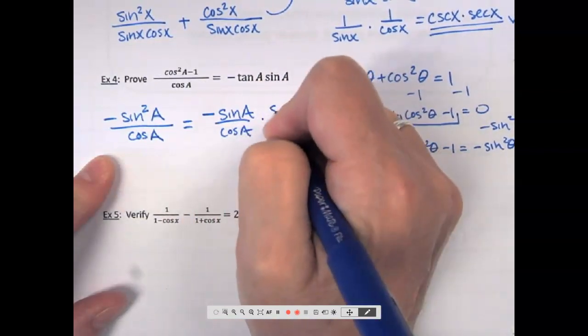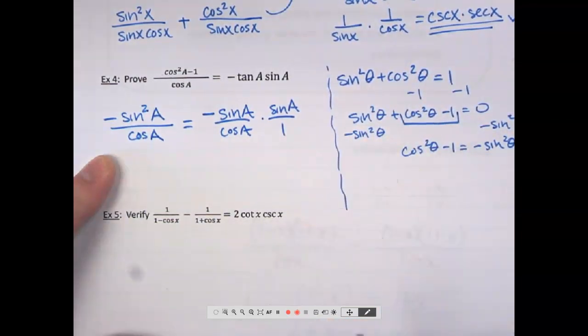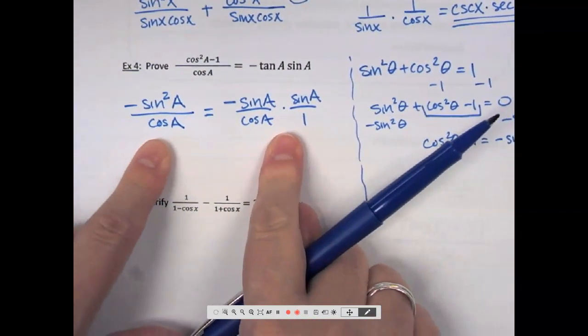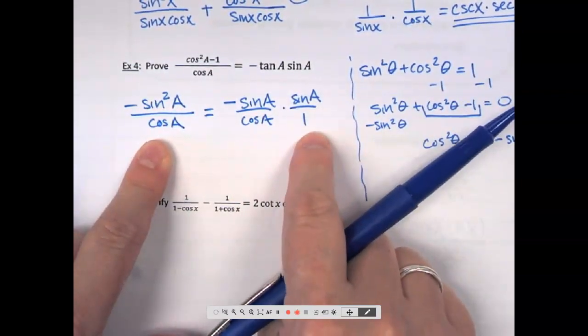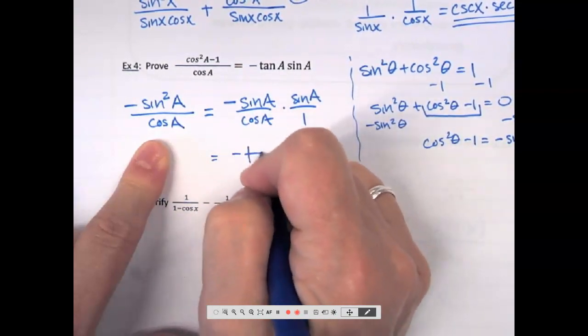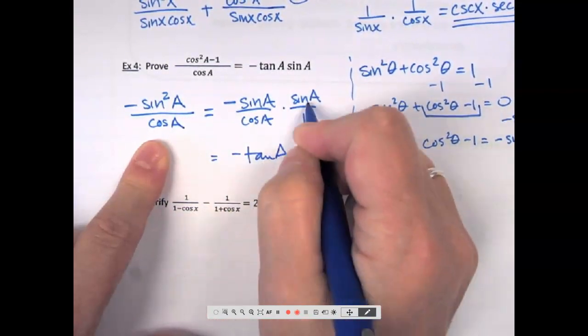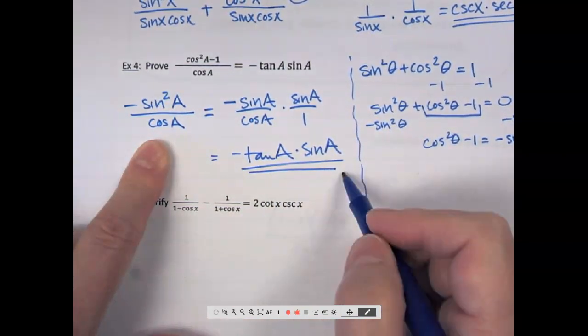And then sine, I'm going to write as sine over 1. Do you see how those are the same? I have negative sine squared over cosine. Well, this is negative tangent. And that's sine. So I've got the other side done.